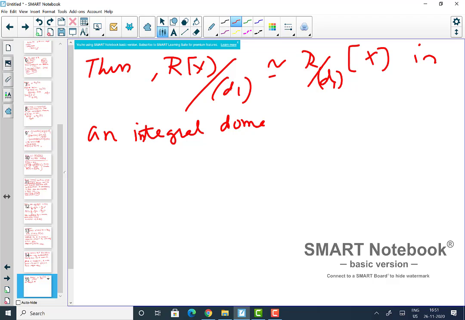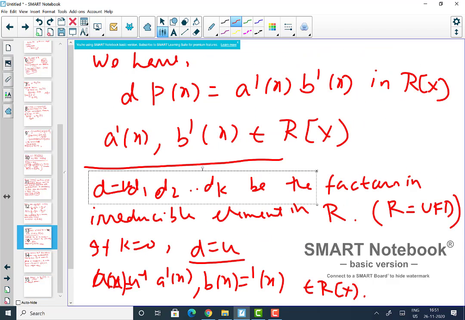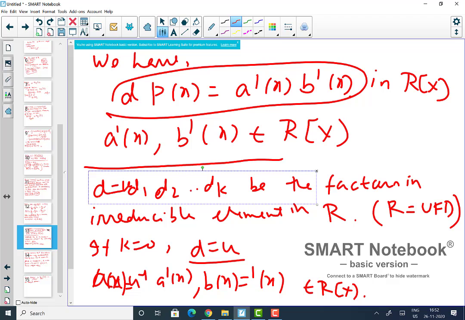This is okay because you are quotienting out by a prime ideal, so you will get an integral domain, right? Now if you have an integral domain, then you know that there is no zero divisor, right? So what you can do, you can just go modulo that integral domain, this equation, maybe I can write down star, okay.